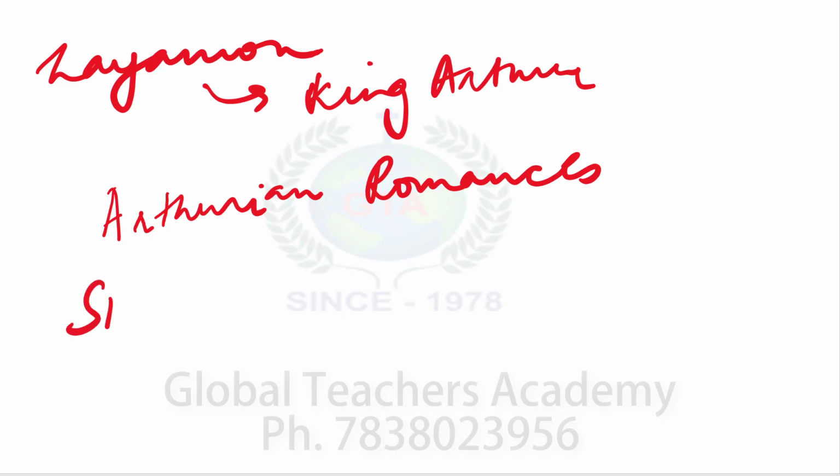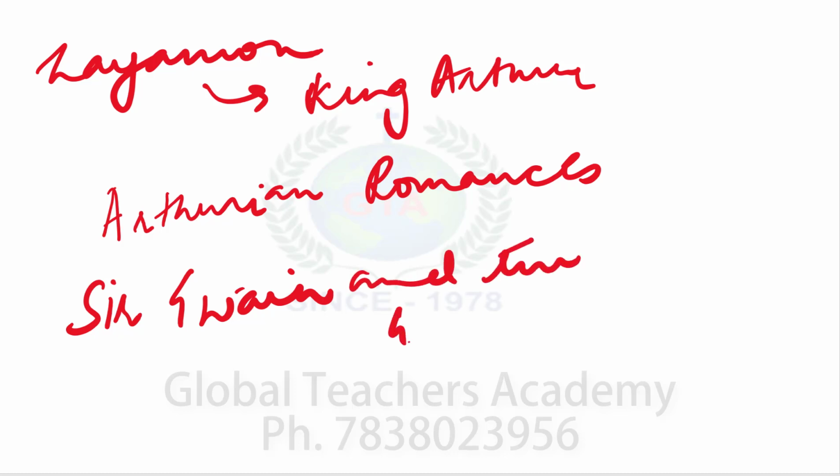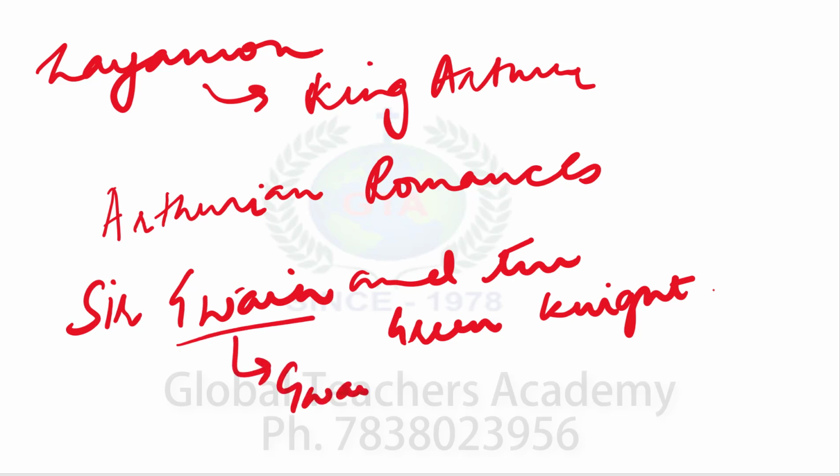An important one in this series is Sir Gawain and the Green Knight, right? This is an important one. This is one of the first important texts that have the Arthurian romance in the way we understand it today. And although we don't know who wrote it, the text is attributed to the individual who came to be called the Gawain poet, right?